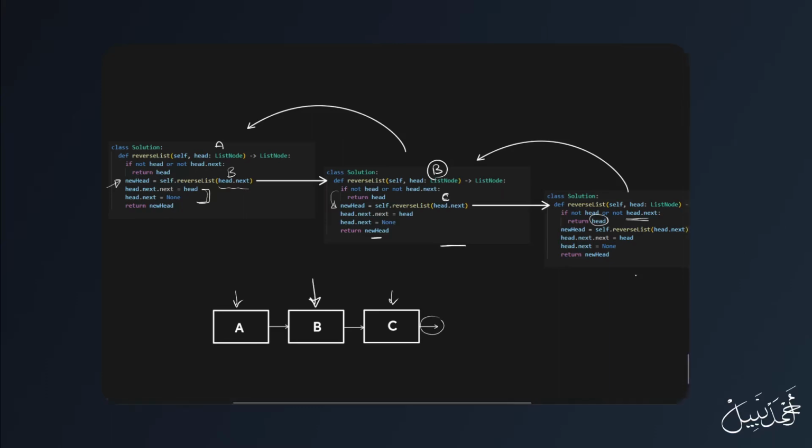We will take this pointer which is head.next, which is C. C.next is just null, and we will make C point to B, as head.next is C, so C.next is going to be set to the head which is B. We will also take this head.next pointer and just set it to null for now.